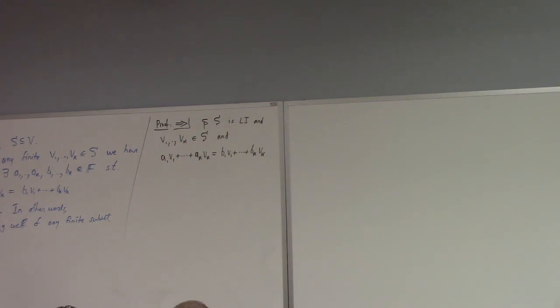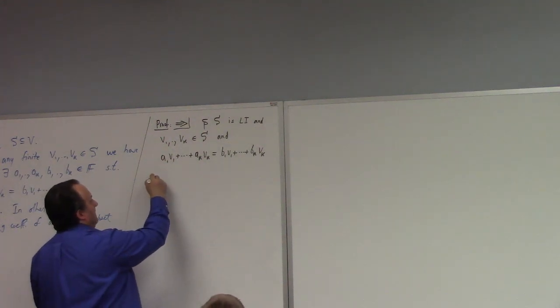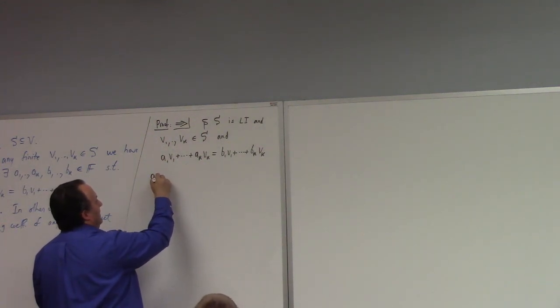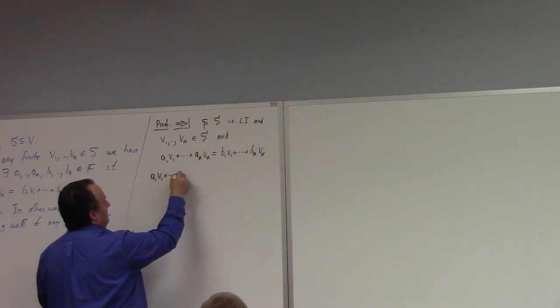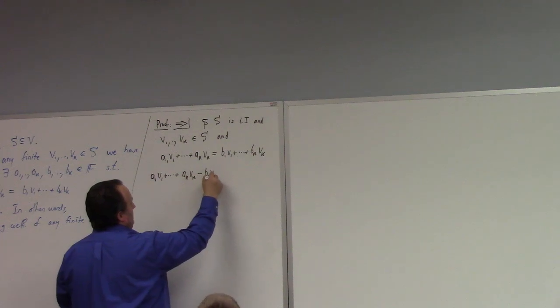Could we write each coefficient as the sum of two coefficients, like if we have C1 V1 plus C2 V2 plus ... plus CK VK that equals 0, with all the C's being 0?